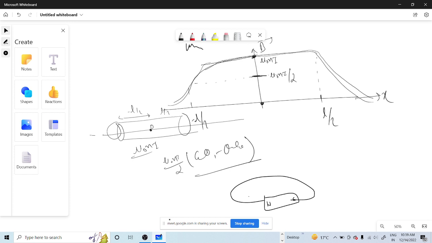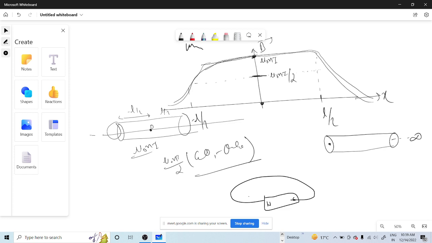One result we discussed: if we have a solenoid and want to calculate the magnetic field at one end, if it is infinite, you will find the mu naught n I by 2 result.